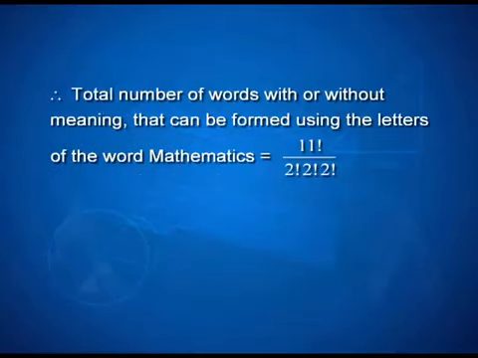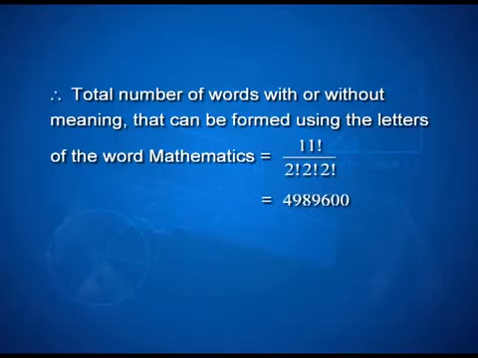By the result that we have just discussed, the total number of words with or without meaning that can be formed using the letters of the word mathematics is 11 factorial divided by 2 factorial times 2 factorial times 2 factorial.